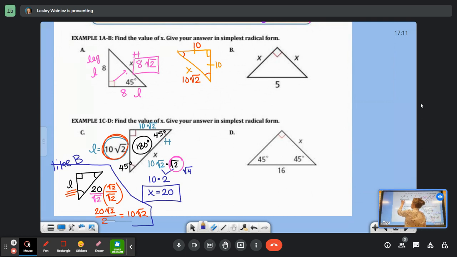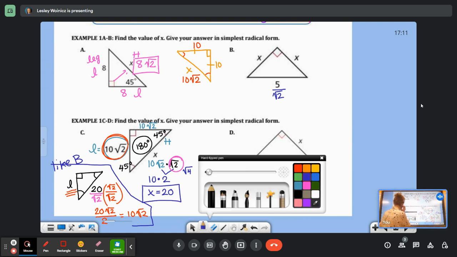We're going to have to divide by root 2. I used to hate that when I was a kid. When they give you the leg and you find the hypotenuse, the world is beautiful and you just multiply by root 2, you're done. But if they give you the hypotenuse instead, you have to divide by root 2. And then it kind of sucks a little bit. I'm sorry.